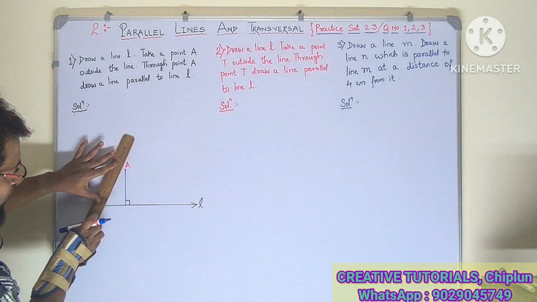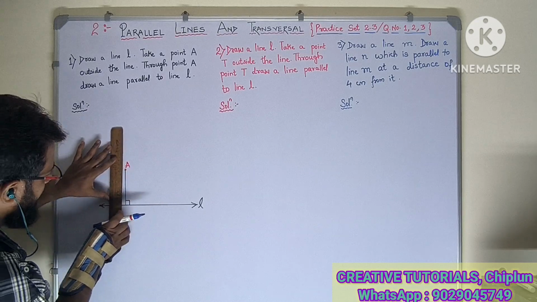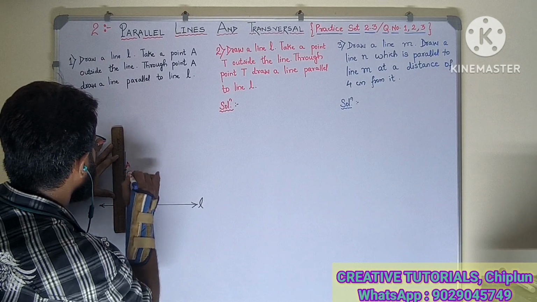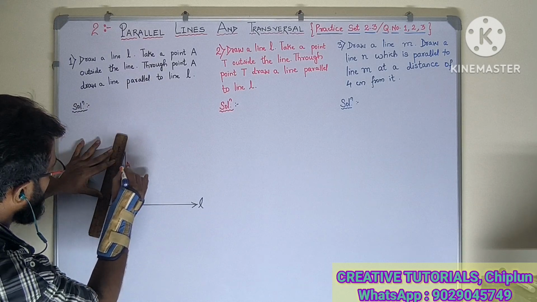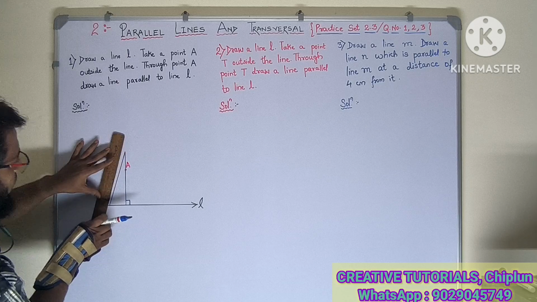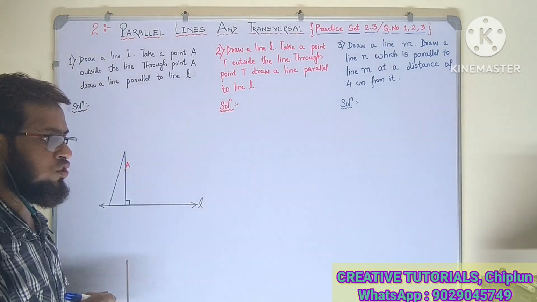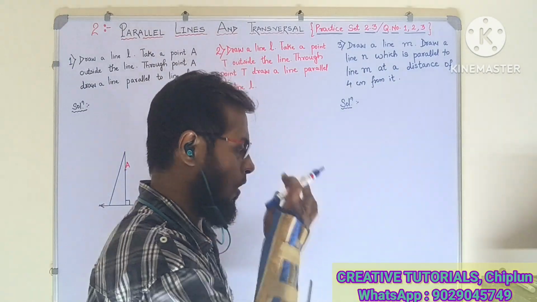Okay, just to make you understand, let me draw this one also over here somewhere. Let me draw a bit bigger. For example, this is that one, and suppose this is that set square. So it's a 30, 60, 90 degrees triangle, and this is that point with which we have drawn one perpendicular to line L. All right.